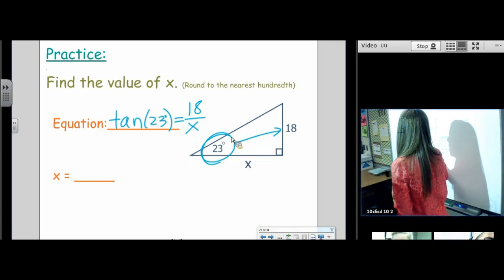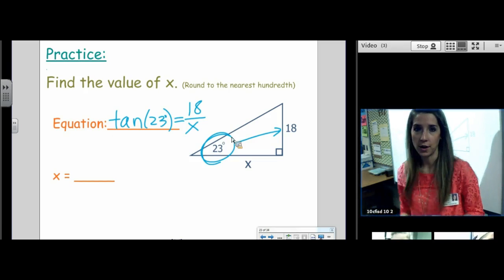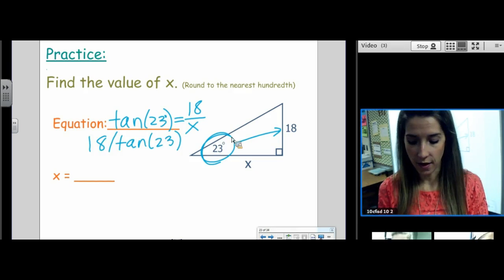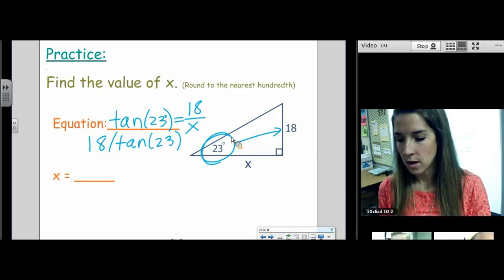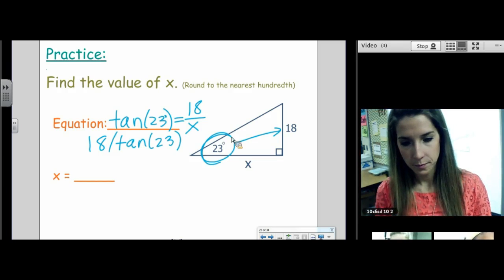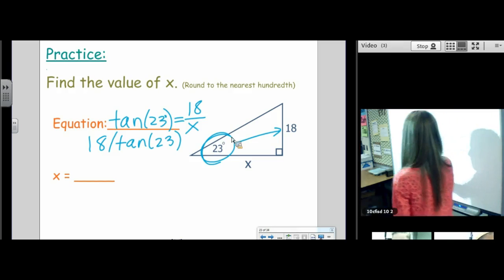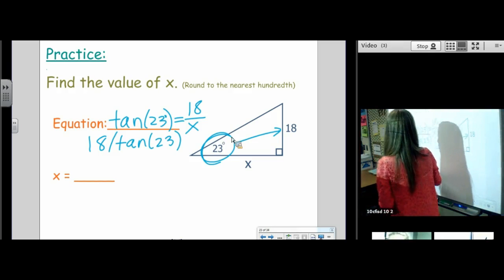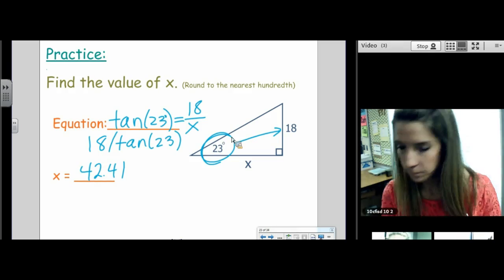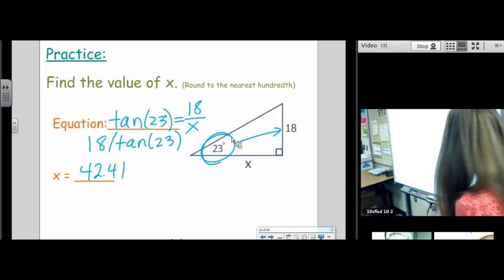You cannot put tan first. You have to put the 18 first. 18 divided by tan 23. And you get 42.41. Okay, good.